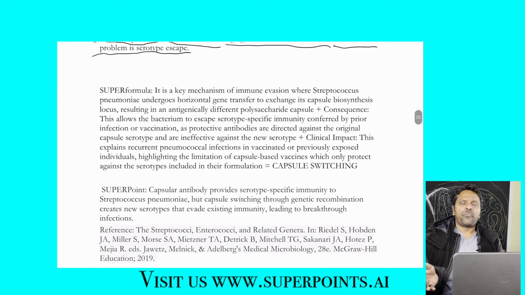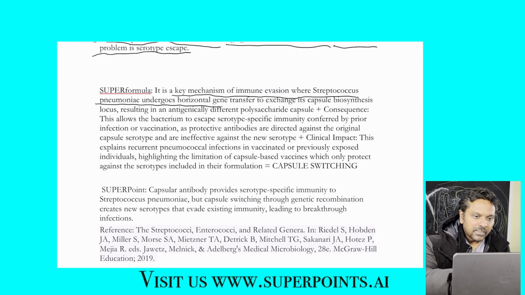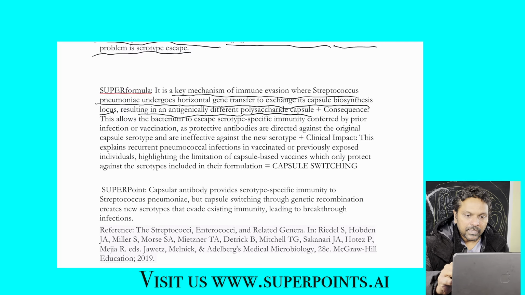So what is the super formula? Super formula is arriving at the correct answer in few seconds, like 5 seconds. You should know the answer by recognizing the keywords. All right, every question will have certain keywords. You need to identify those keywords, and those keywords will take you to the answer in a few seconds. So super formula here is key mechanism of immune evasion where Streptococcus pneumoniae undergoes horizontal gene transfer to exchange its capsule biosynthesis locus, resulting in an antigenically different polysaccharide capsule.